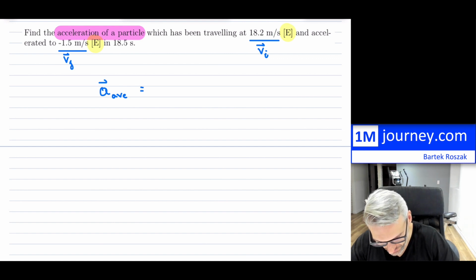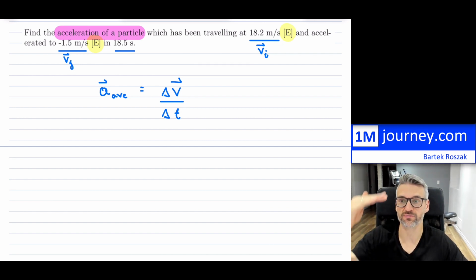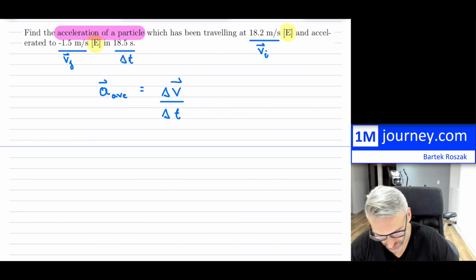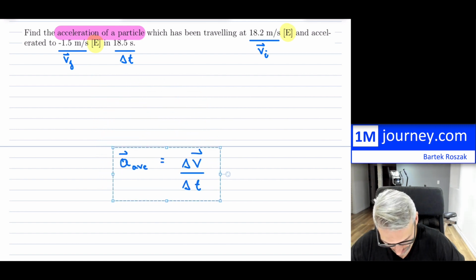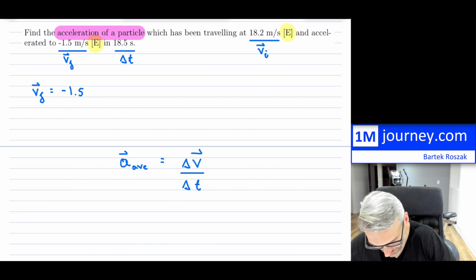In the formula, this is the change of velocity, and this is going to be over the change in time. The change in time is 18.5 seconds. So you can write down the givens: VI, VF, and delta T. So VF is equal to negative 1.5 meters per second east.